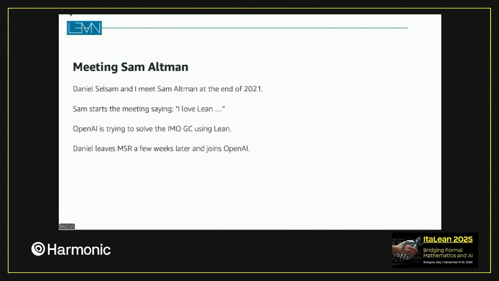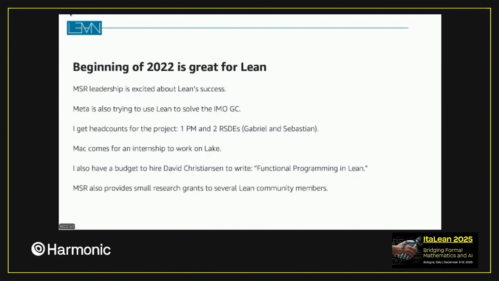But Daniel, his love is AI, and he joins OpenAI like 3 weeks after this meeting. It was tough because he was a good friend. But in 2022, it's great for Lean, right? Meta starts using Lean for trying to solve the IMO Grand Challenge too.